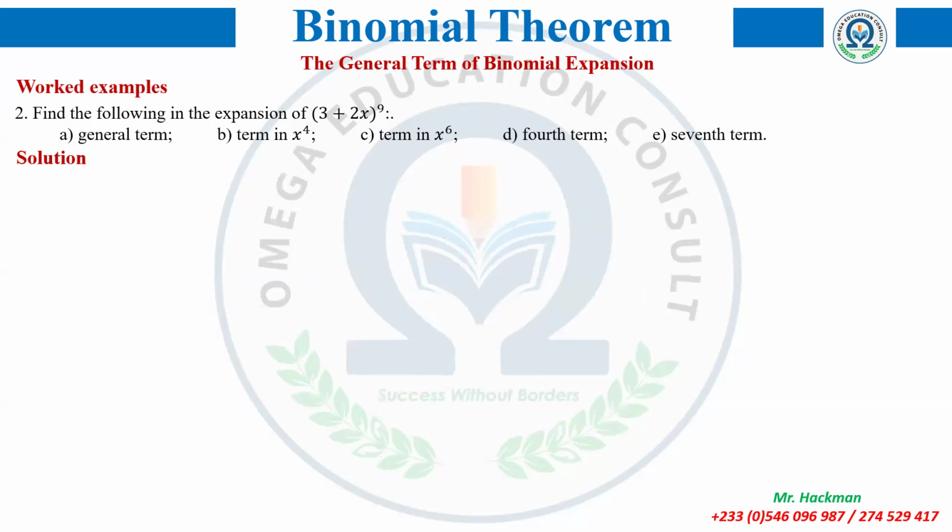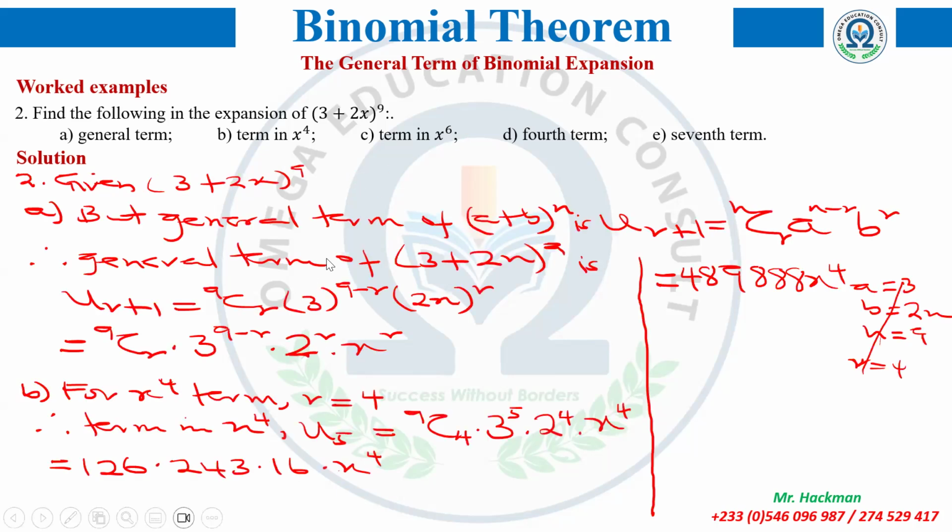Now let's look at C. Here, we are looking for the term in x to the power 6. So, the power of x in the general term is r, and that must be equal to the power of x in the question, which is 6.